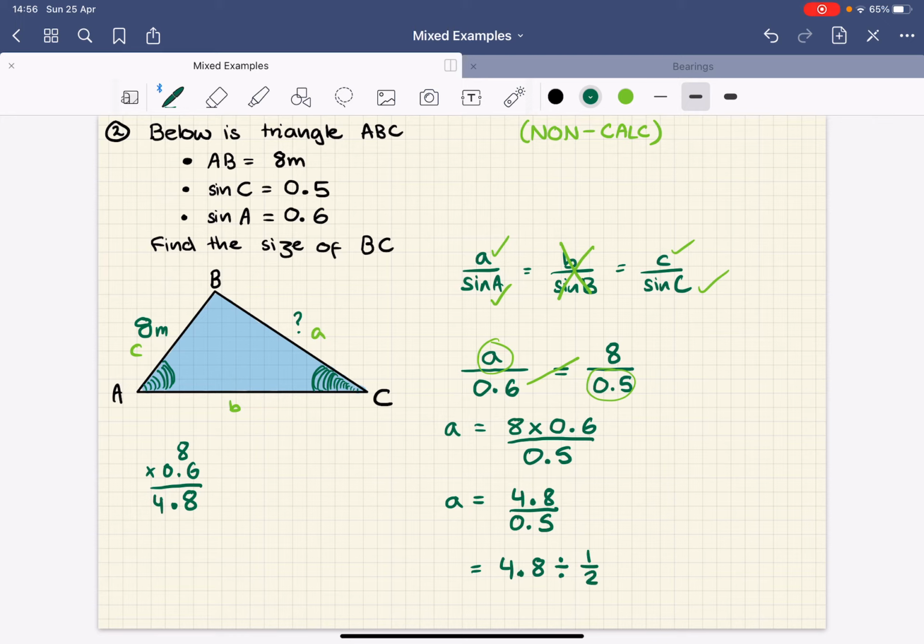And if you remember back when you did all the fraction work, whenever you would divide by a fraction, in order to help figure out what it is, you can change the sign and flip the fraction upside down. And so what I've essentially got is 4.8 times 2. So my final answer is going to be a equals 9.6, and it'll be 9.6 meters.